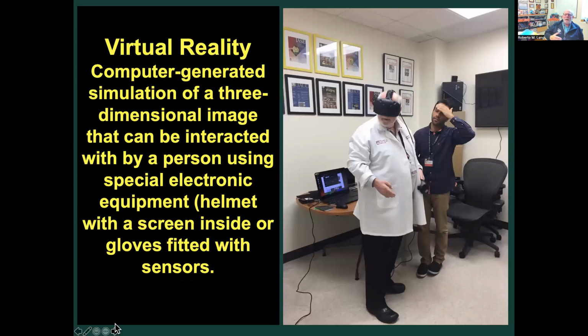Another manner in which we can look at the valves at the time of structural heart programs is using virtual reality. And virtual reality is a computer-generated simulation of three-dimensional images. Let me show you some examples.